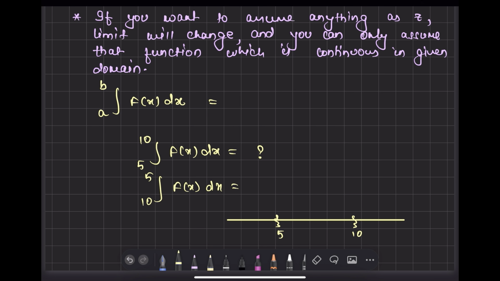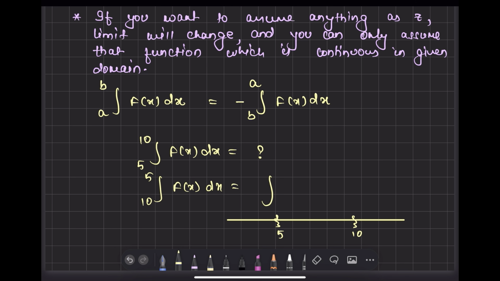So if you are trapped in these kind of situations, means if you are feeling uneasy with the limits, you want to interchange the limits, so you can put a minus sign on it. Means now put minus and then you can interchange. Write b, then a, f of x dx. These two results are same.